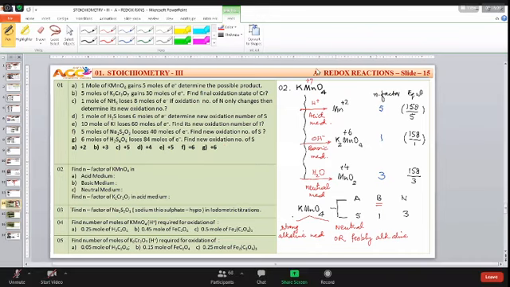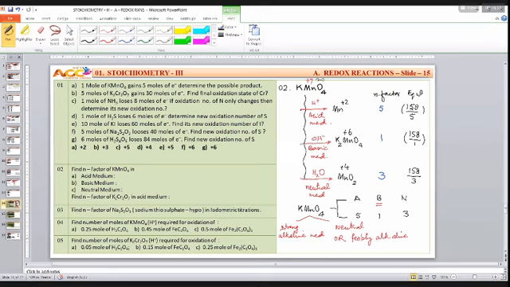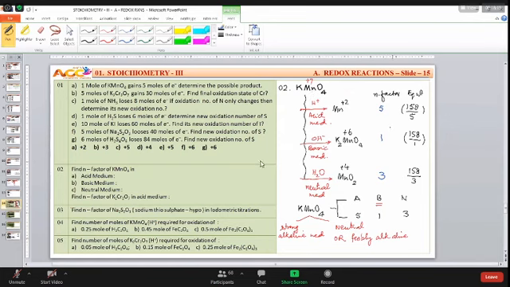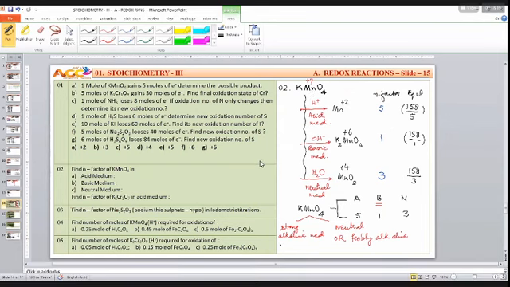When you understood the first, then it's over. What we have understood in the first: molecular weight divided by change in oxidation state, 7 to 2. What is the problem? Go ahead.